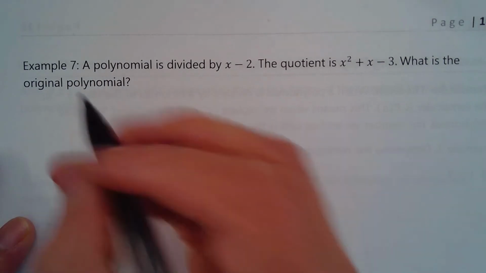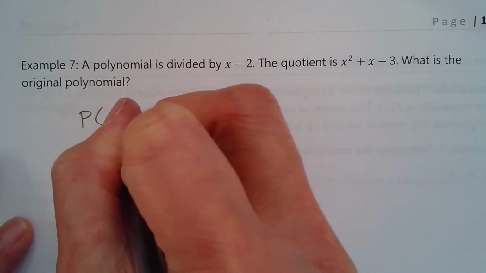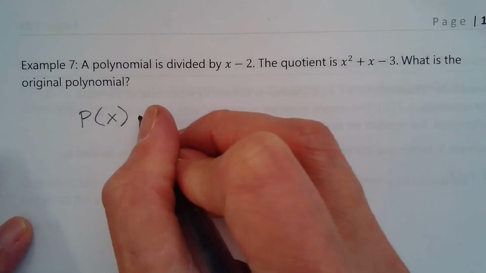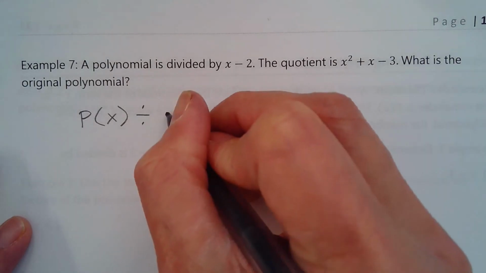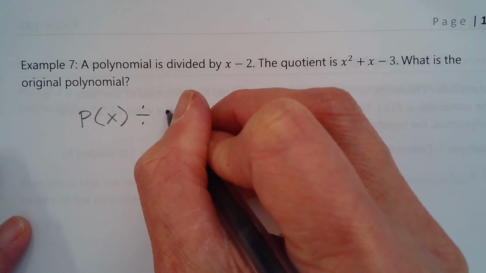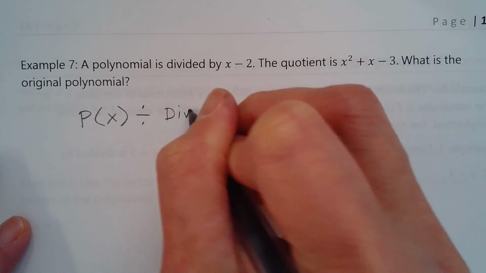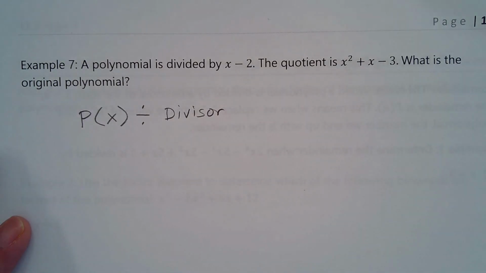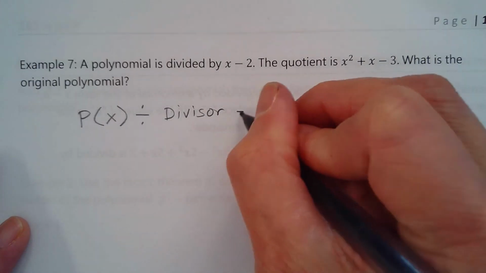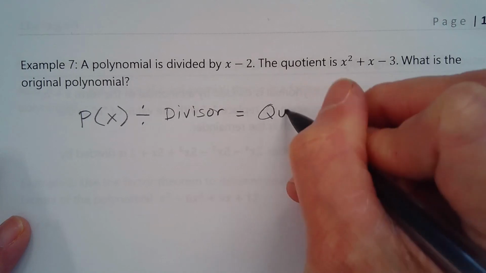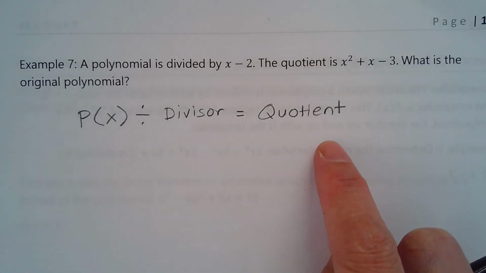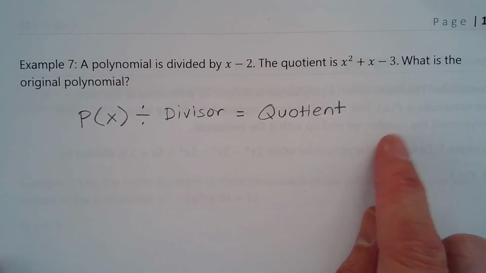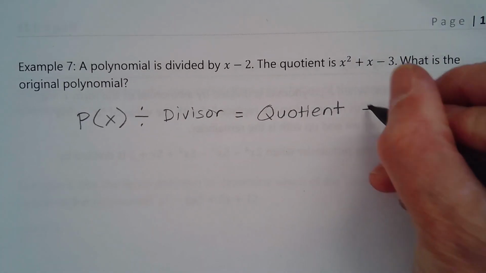So here, this is the polynomial, and we divide it by the divisor, and it's going to give us the quotient. Sometimes the quotient is just the polynomial quotient, but sometimes there is a plus remainder.